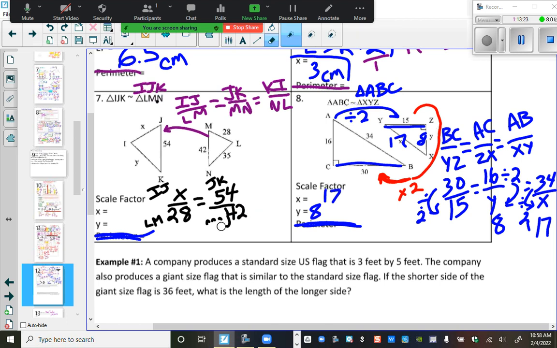That's going to be a little messy. What was it? Y over 35, KI, Y over 35.